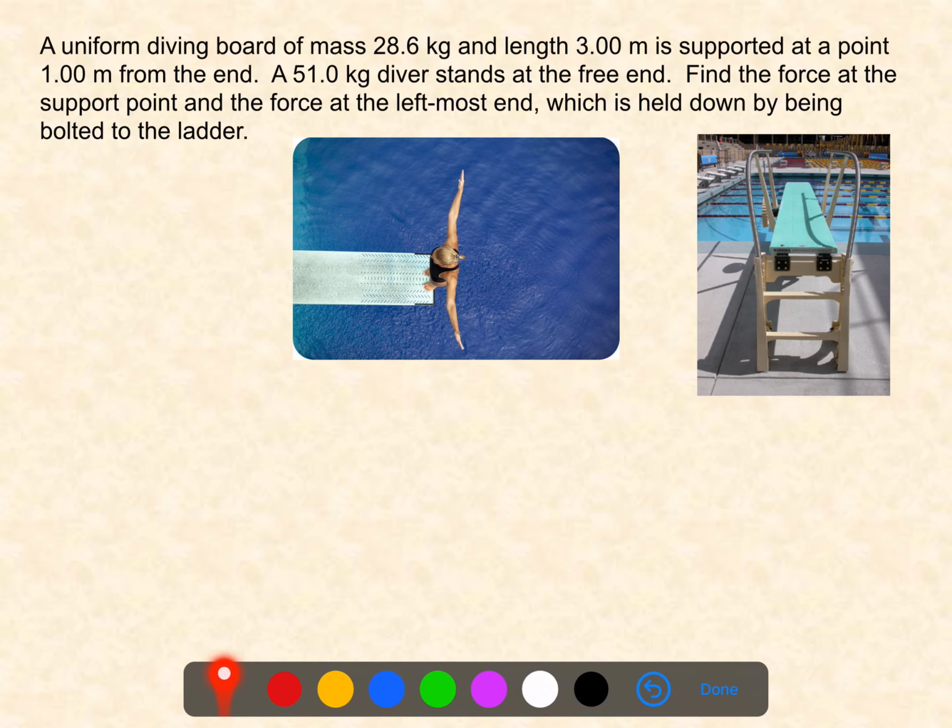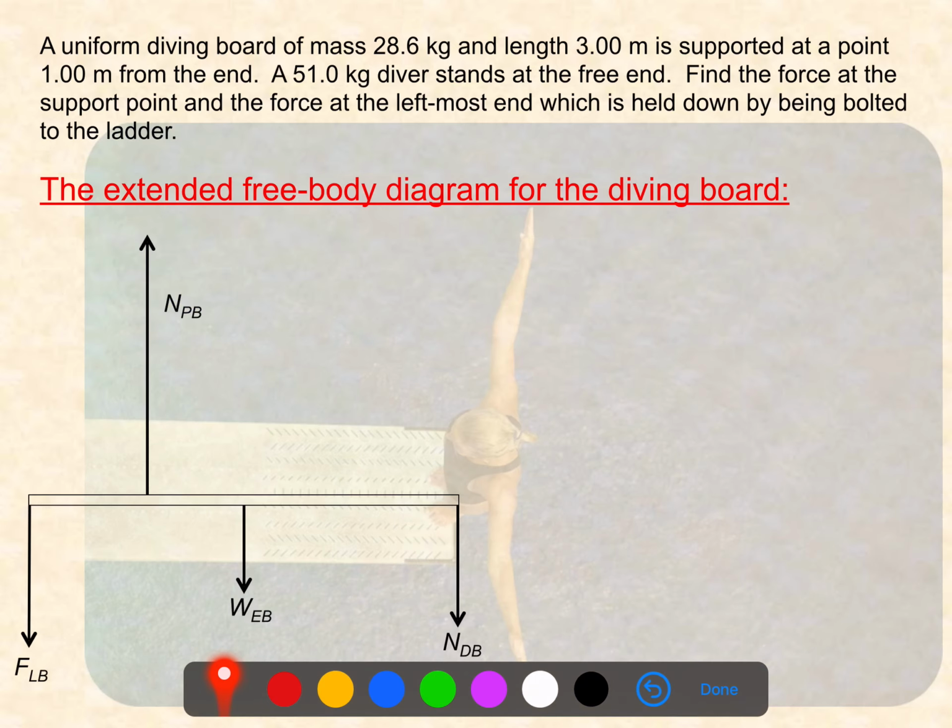Okay. So what we want to do is draw an extended free body diagram of this situation first if we want to find out the force with which these bolts are being held. And so our extended free body diagram will look something like this. We've got the force of the bolts being pulled down. We've got the normal force of the support pushing up here.